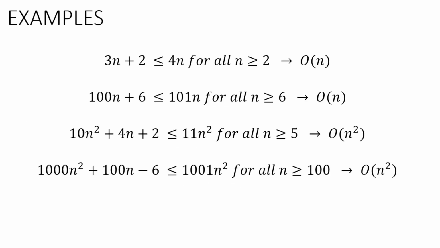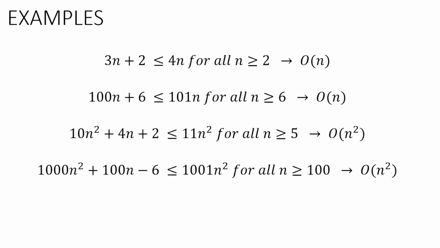Here are a few more examples. A function 3n plus 2 is less than or equal to 4n for all n greater than or equal to 2, hence it can be represented as big O of n. Similarly, 100n plus 6 is less than or equal to 101n for all n greater than or equal to 6, hence it can be represented as big O of n. 10n square plus 4n plus 2 can be summarized as less than or equal to 11n square for all n greater than or equal to 5, hence it can be represented as big O of n square.